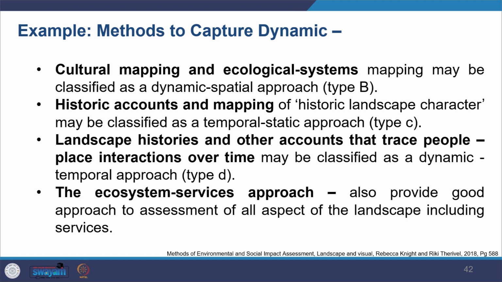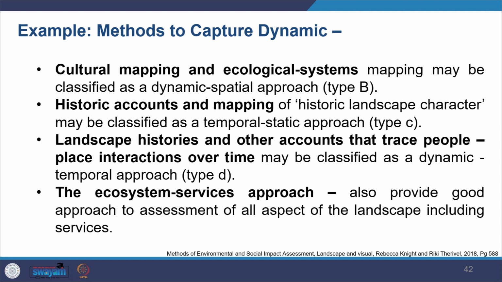Cultural mapping and ecological system mapping can capture this dynamic spatial approach. You can also have historic accounts and mapping, auditing all the historic things which are happening and then mapping them. And you can have landscape histories and other things documented over time, like how things are changing. You can use all those narratives for this.